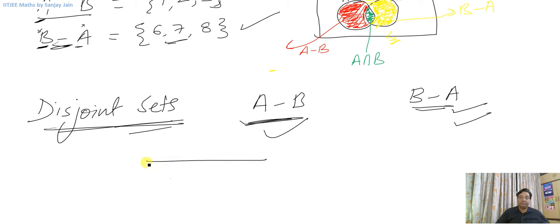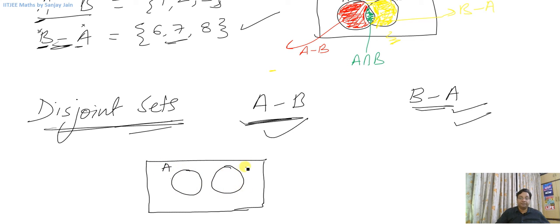If I want to represent such sets using the Venn diagram, let us say this is set A and this is set B. They do not intersect anywhere. So set A and B here in this diagram are disjoint sets.